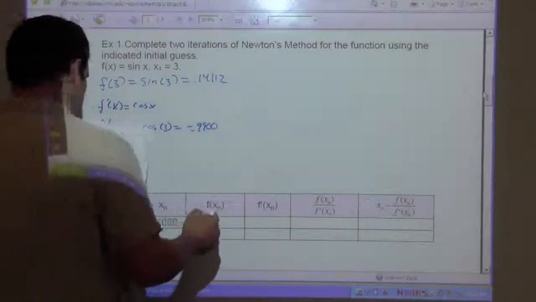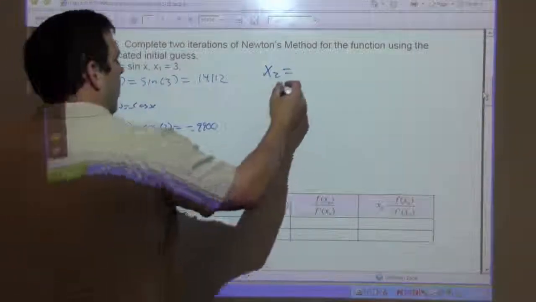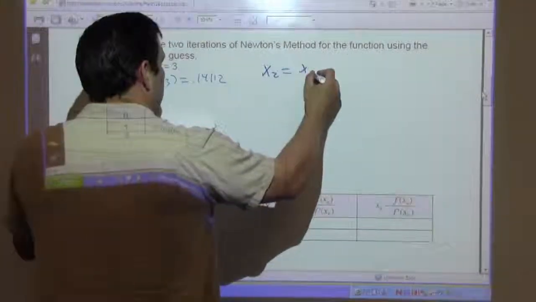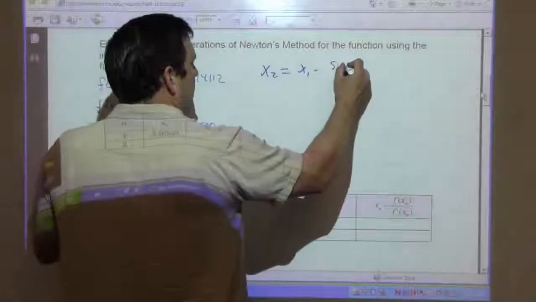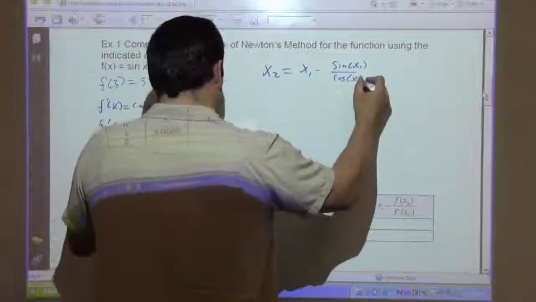So our x2, the second one, is going to be our first guess, x1 minus sine of x1 over cosine of x1.